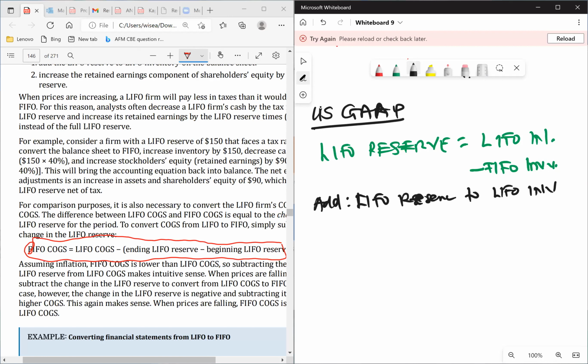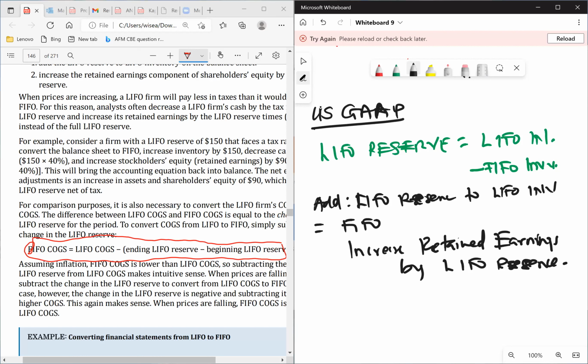And then you also have to be aware of the LIFO liquidation. What is LIFO liquidation? LIFO liquidation occurs when a company that reports its inventory based on LIFO is no longer buying inventory, but is now selling its inventory, the inventory valued at LIFO.